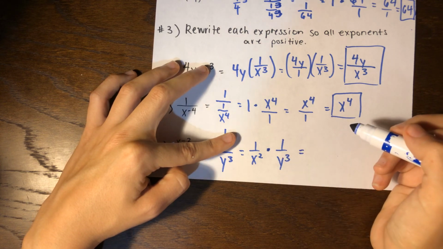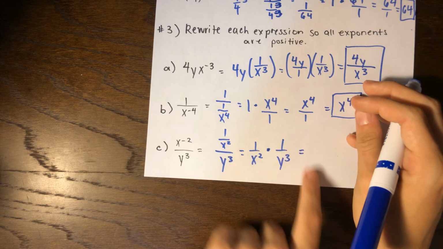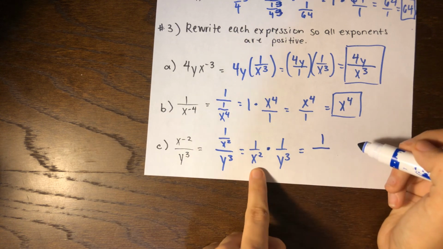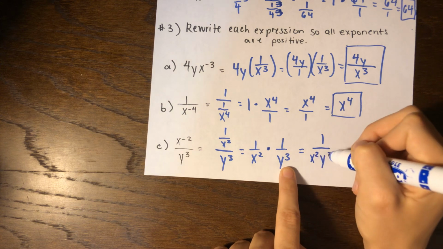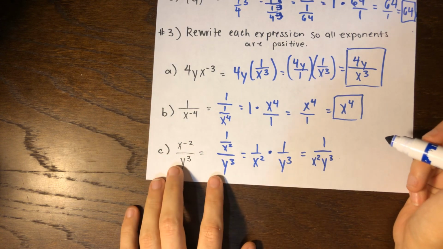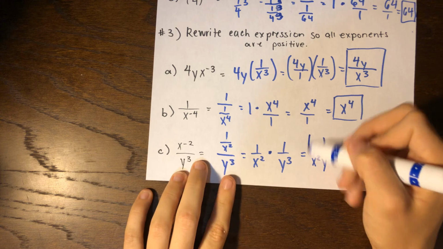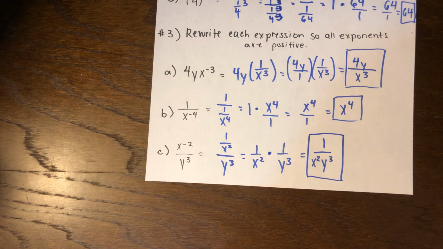It's the rule: keep, change, flip. You multiply straight across, 1 times 1 is 1. X squared times y to the 3rd is x squared y to the 3rd, just like this. And there you have it. That would be your answer, and you are done.